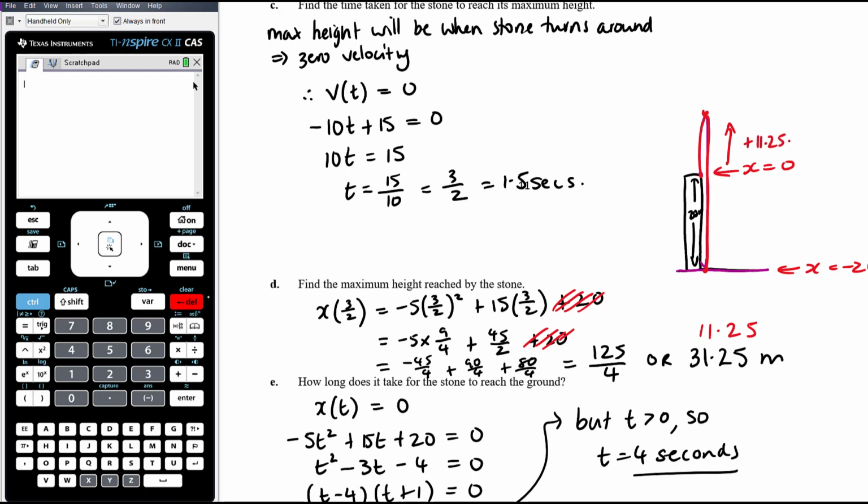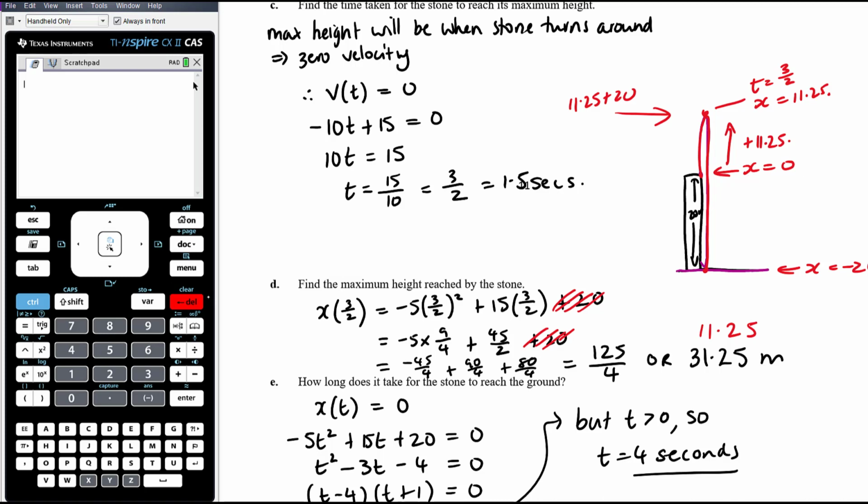So then you need to add on the height of the building, so the maximum height is 11.25 plus 20. Here you're finding when t equals 1.5, your displacement is 11.25, but that's not equivalent to height because we've defined the displacement from the top of the building.